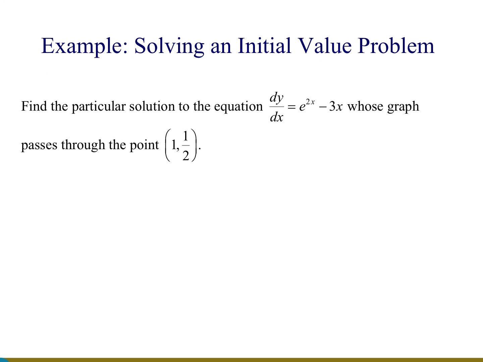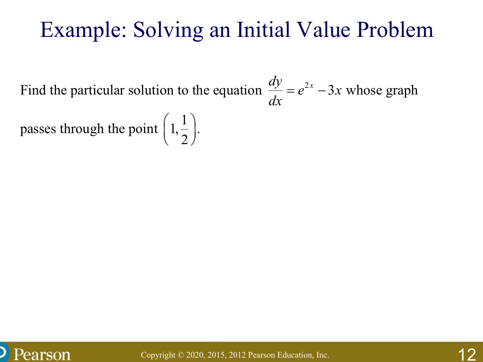All right, so here's another one. Find the particular solution through e to the 2x minus 3x, going through the point 1 comma 1/2. So you'll want to separate the dx, the differential, to the other side, and then integrate both sides.